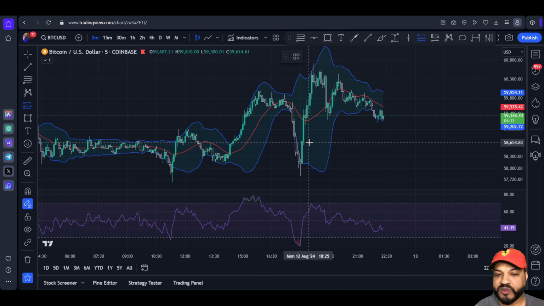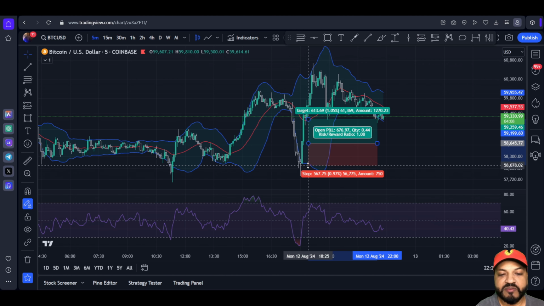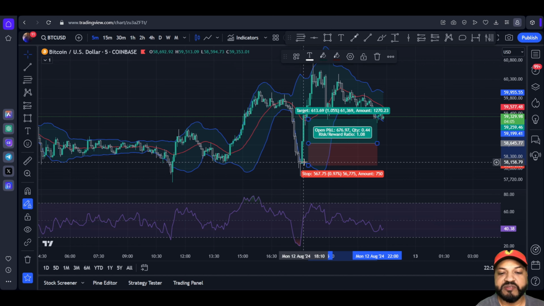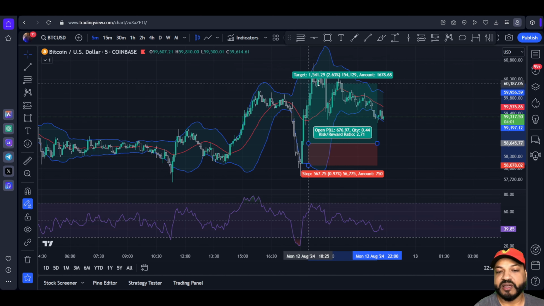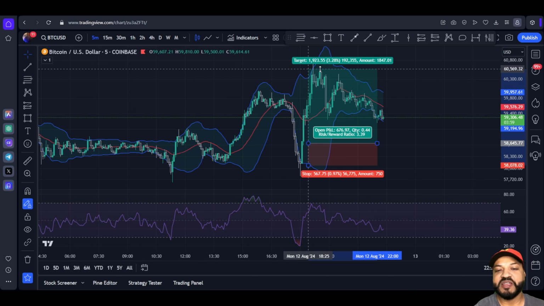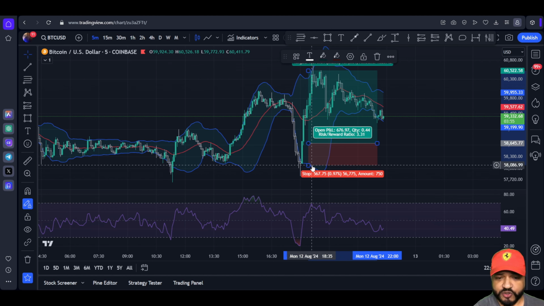This candle, as soon as it opens, you can take it from here, and your stop loss is supposed to be somewhere just below the previous candle. Okay, and how much should your profit target be? Your profit target should be a trailing profit. You keep moving your stop loss.